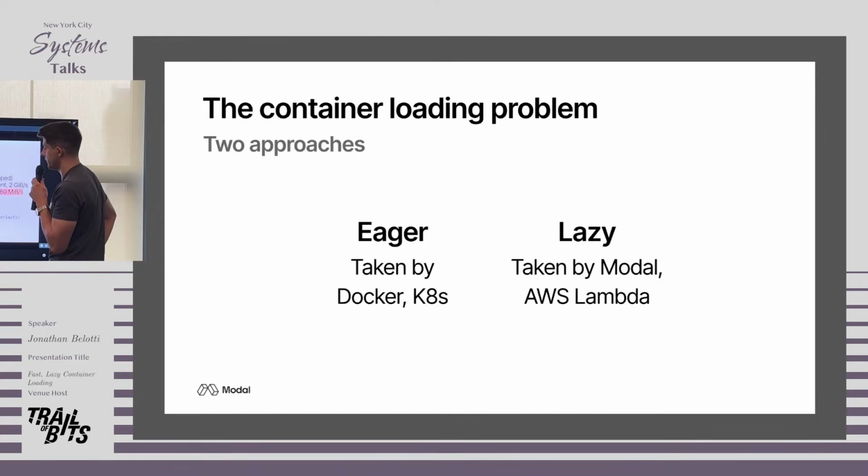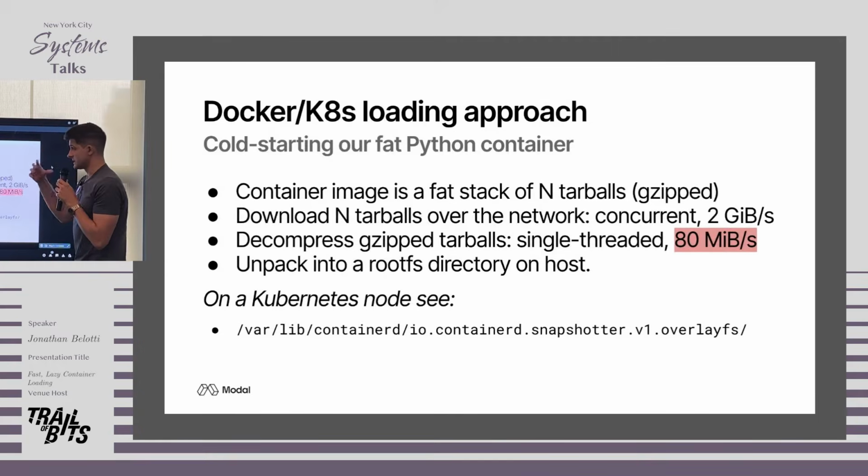From the perspective of the eager approach, the container image that you would typically be Docker pulling is a fat stack of n tarballs, one for each layer. These tarballs are going to be gzipped for transport and storage efficiency.